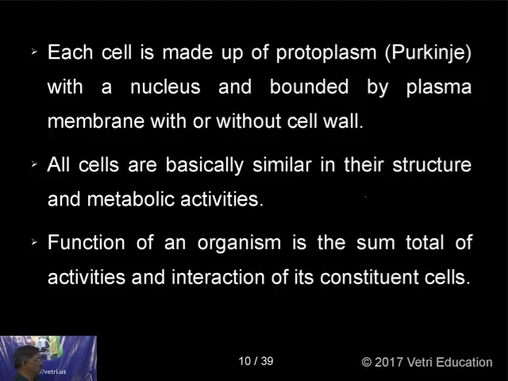All cells are basically similar in their structure and metabolic activities. The function of an organism is the sum total of the activities and interaction of its constituent cells. Inside the cell there are many constituents, and the total summation of their functions gives the function of an organism.